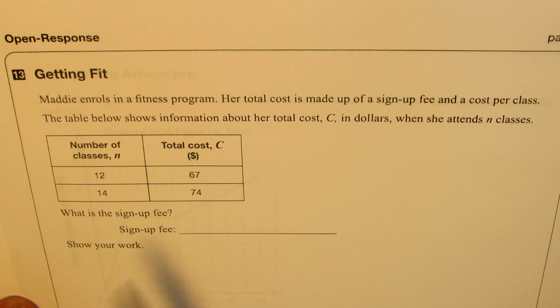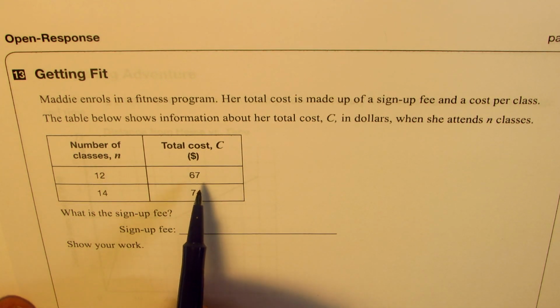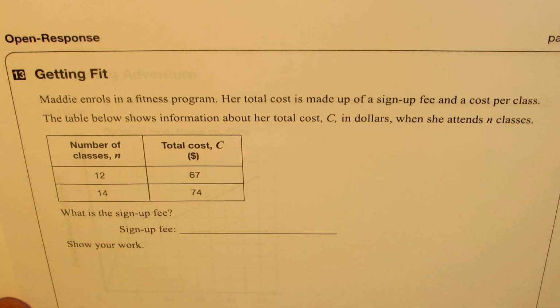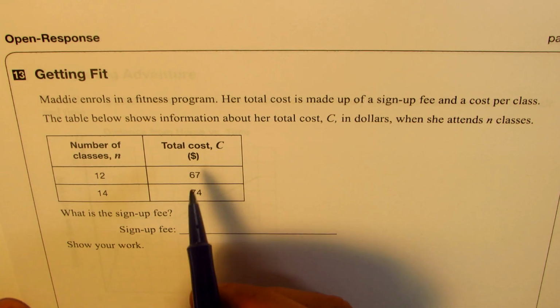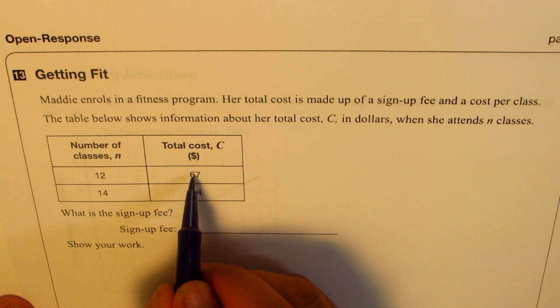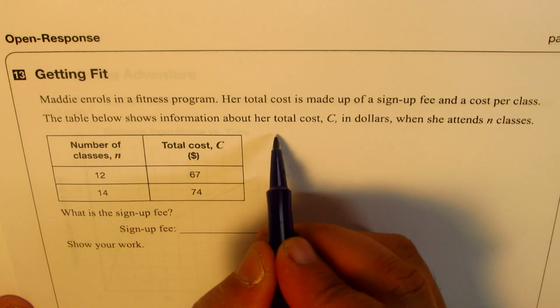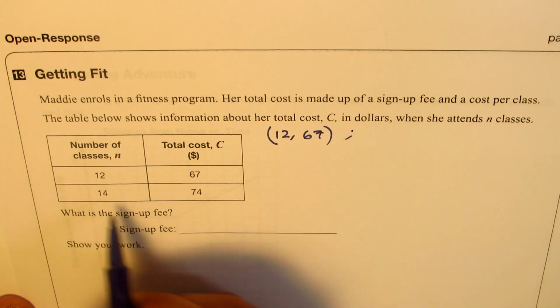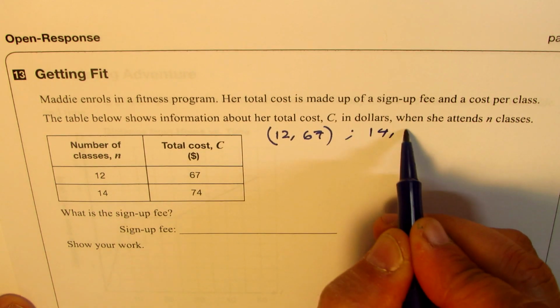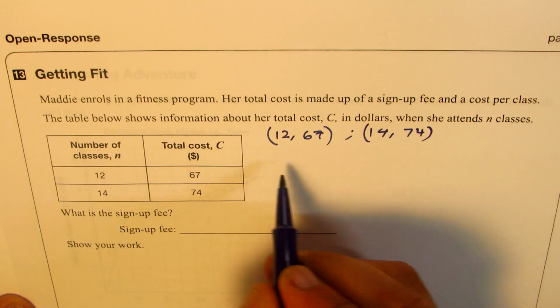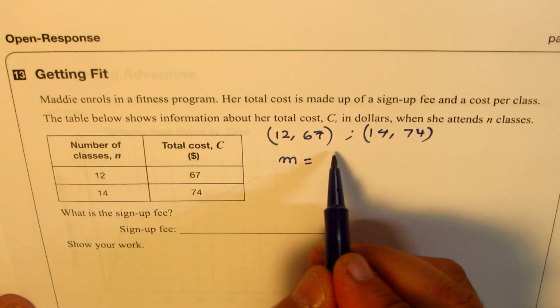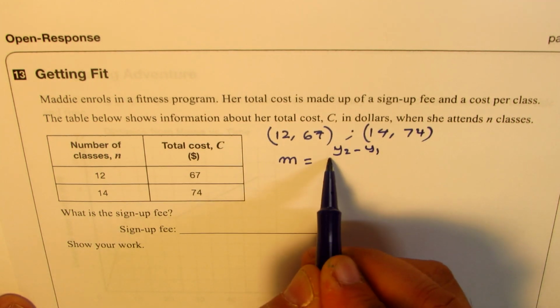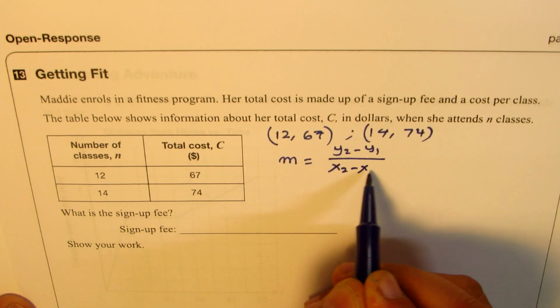Okay. So since we are given that this is a linear relation, in that case, we can find the slope and the equation, correct? So we can say, using these 2 points, the points are 12 and 67 is one point given to you. The other one is 14 and 74, correct? The slope m will be y2 minus y1 over x2 minus x1.